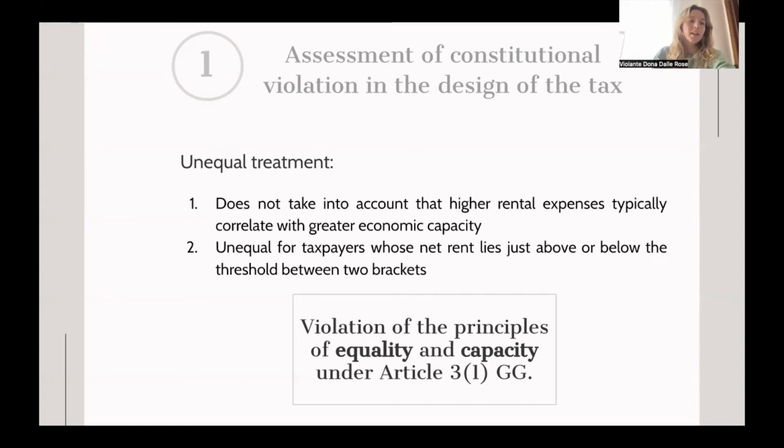So basically, by imposing a higher tax rate on the complainant, the tax scale places him in a less favorable position than taxpayers who rented a more expensive residence. Although the latter can be assumed to have greater economic capacity, they are taxed at a lower rate, amounting thus to unequal treatment within the meaning of Article 3.1.